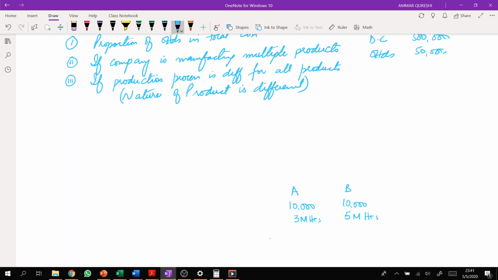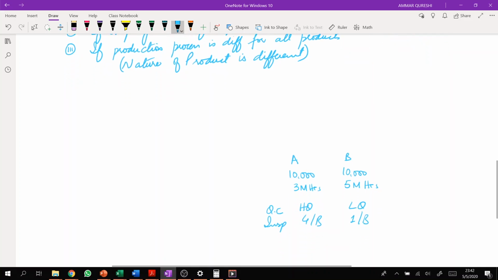Now then you came to know that product A is a high quality product and product B is a low quality product. Low quality in the sense that fewer quality control inspections will be required. Inspections for the first product will be, let's say, 4 per batch, and the low quality product requires 1 inspection per batch.